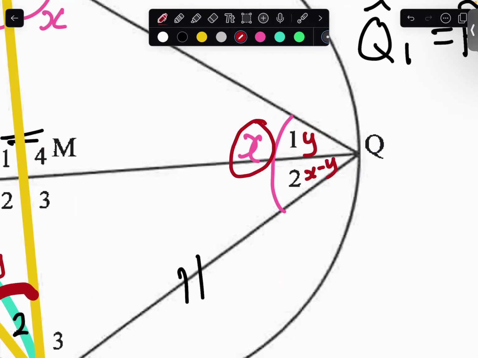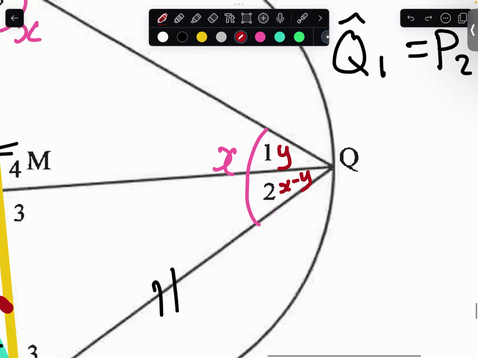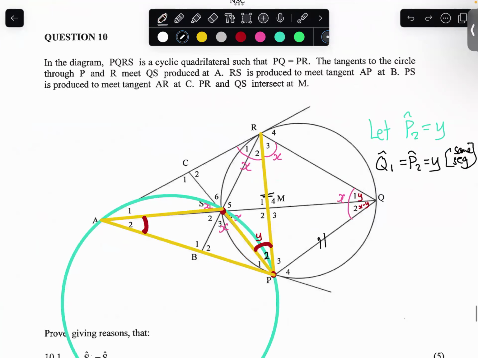The whole angle x minus just this part will give me this part. That's why x minus y gives me x minus y. So I'm going to write the statement here on the side: Q2 is equal to x minus y. No reason, it's just sheer logic. Okay, so that's Q2.